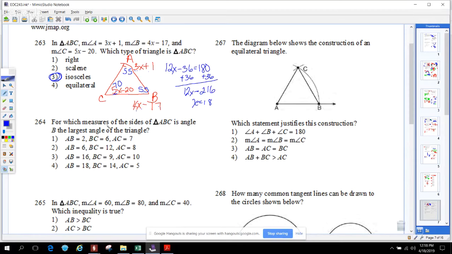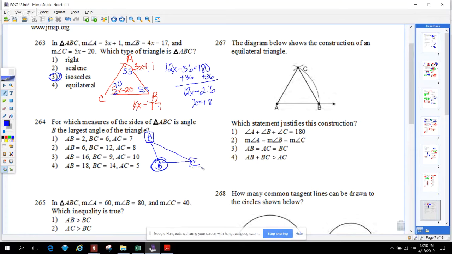Okay, it tells us that we have ABC and angle B is the largest angle. So I'm going to make angle B look large. It says, for which measures would it be the largest? So in order for angle B to be the largest, the side opposite it has to be the largest.